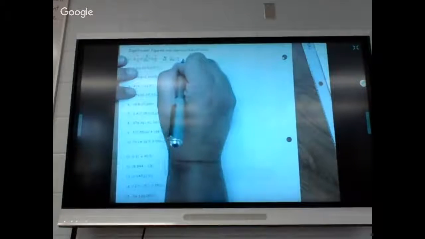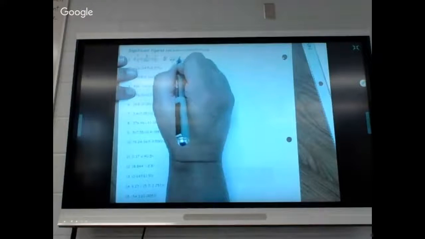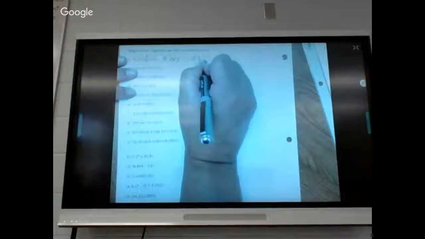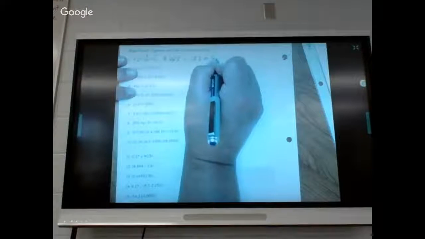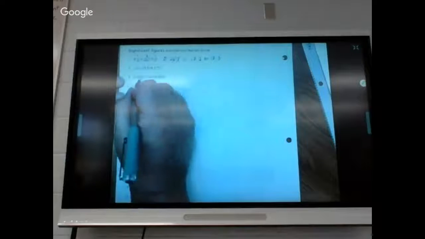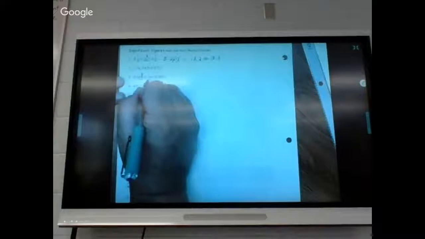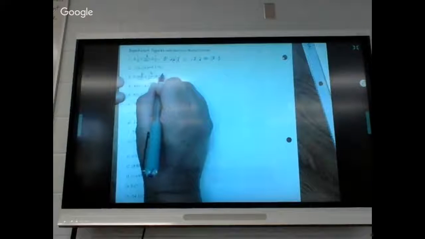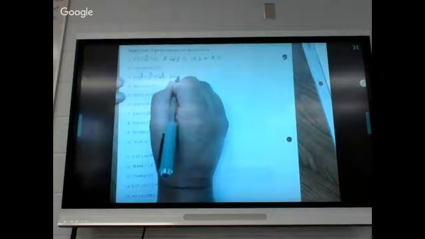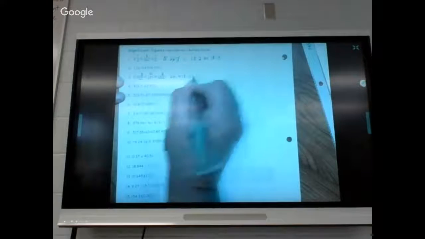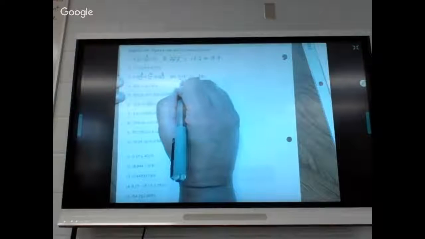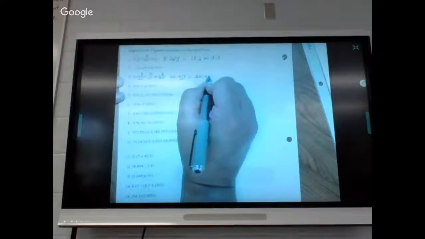So I want only 1 place behind the decimal. So we're dropping those. We have 18.2 or 18.3. Question 3, we're adding. We have 3 places, 2 places, 3 places. So we get an answer of 20.413, which we're going to round to only 2 places. So 20 point, we're only going to keep those 2. So 41.